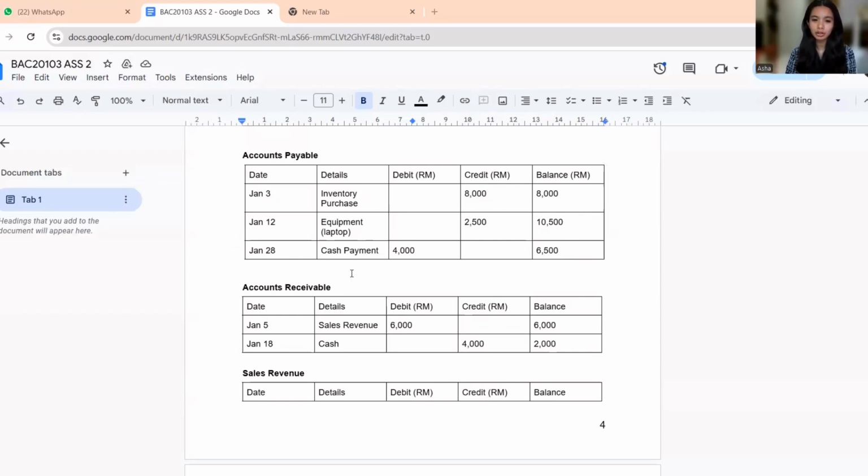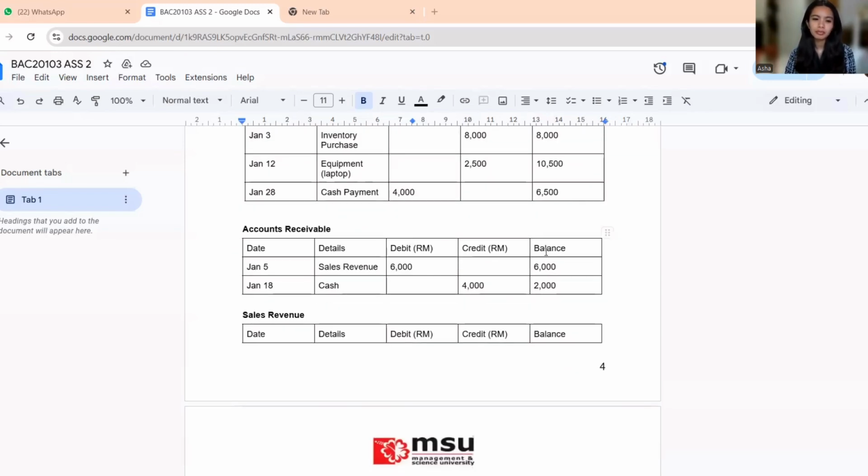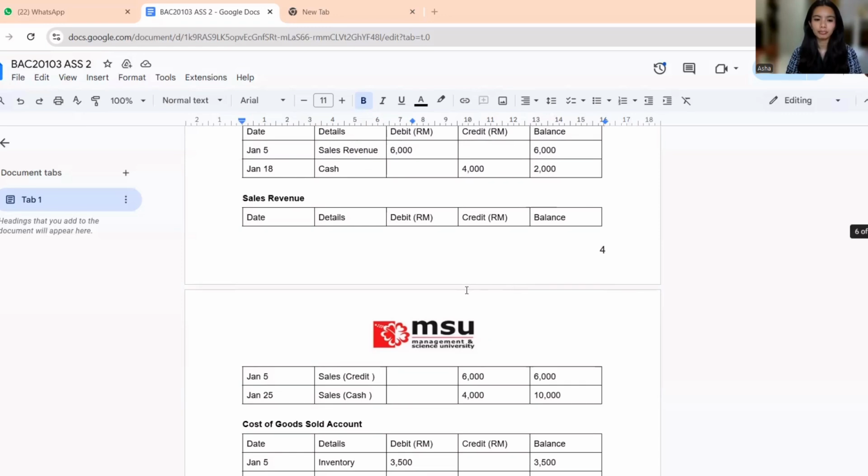January 28th, cash payment, 4,000 ringgit on the debit side and the balance is 6,500. Next, we go to accounts receivable. On January 5th, sales revenue, 6,000 on the debit side, balance 6,000 ringgit. And on January 18th, cash, credit side, 4,000 ringgit, and the balance is 2,000 ringgit.